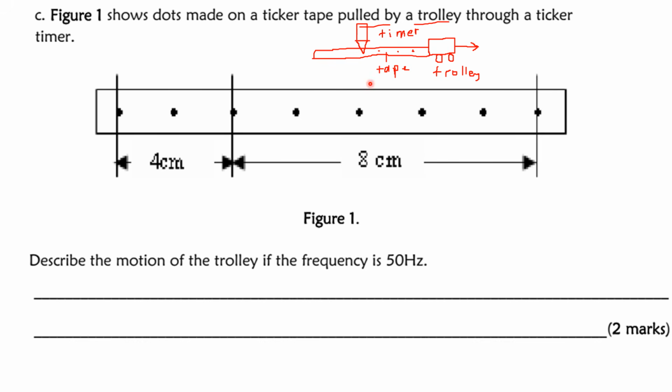It's these dots that you see on the diagram. So we are asked to describe the motion of the trolley if its frequency is 50 hertz.